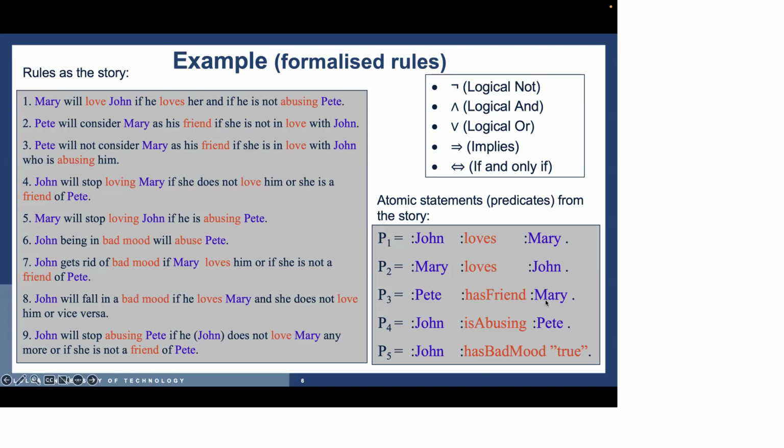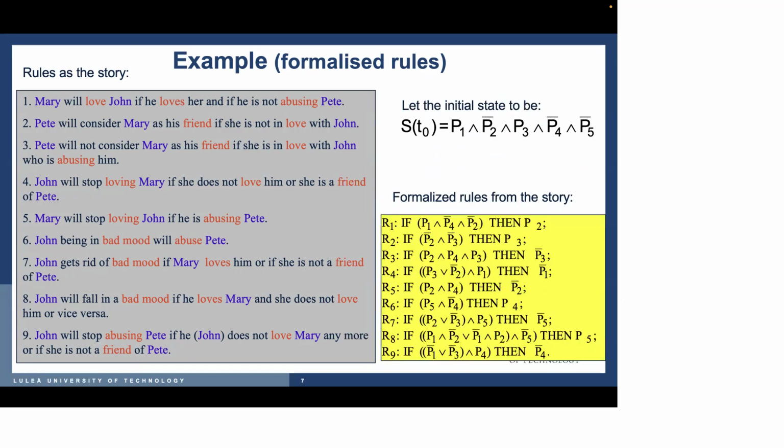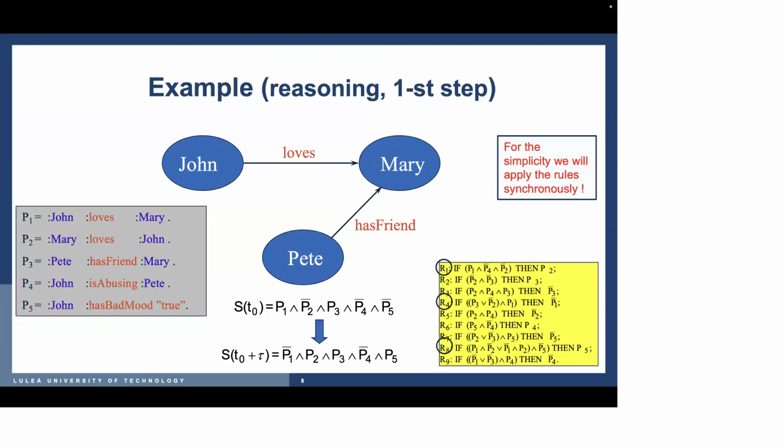So for example, if you have a story describing certain relationships between actors in the world, you can formalize it with some atomic statements, and then you can construct rules. We will not go through all these details. This PDF will be available, so you can trace this example yourself.